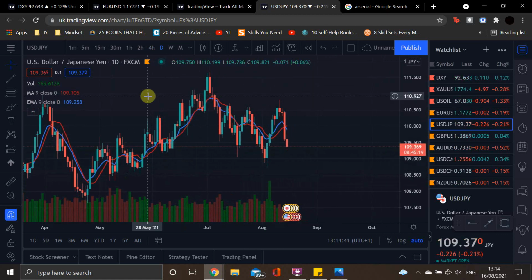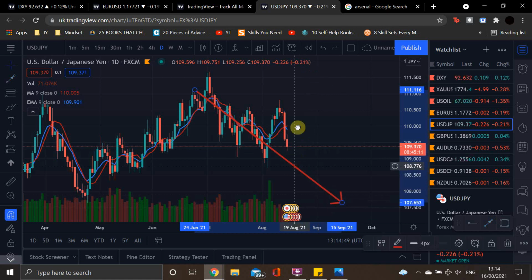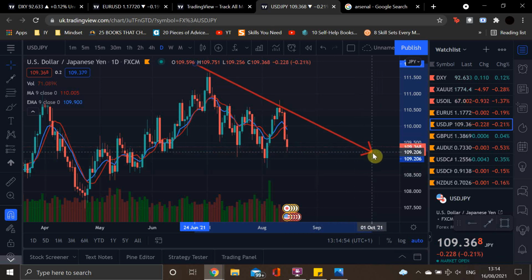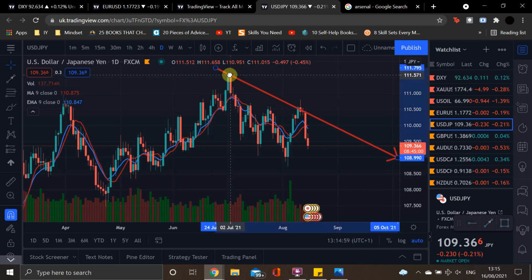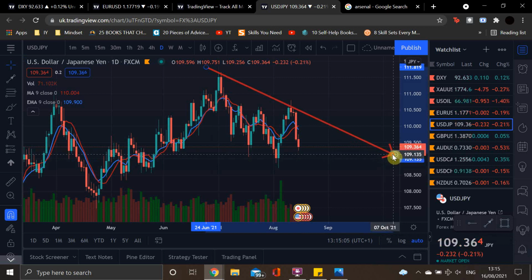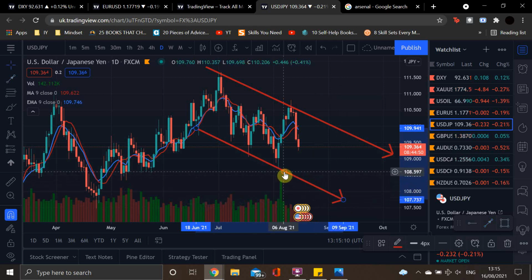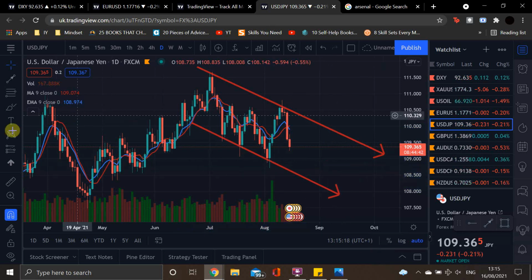I kind of see a falling wedge here. Well, if not a falling wedge, I see a channel. Yeah, that's definitely a channel.